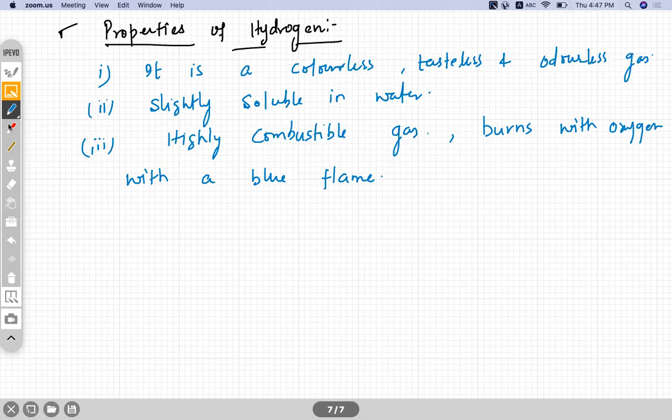For example, if you write 2H2 gas and O2, it forms H2O. Burns with a blue flame.